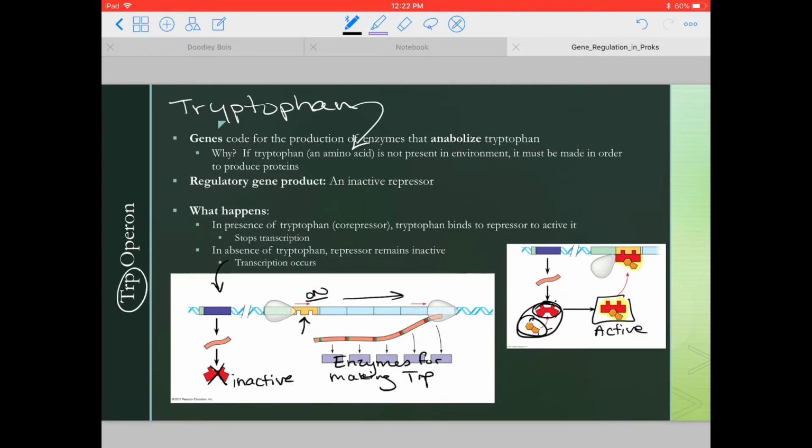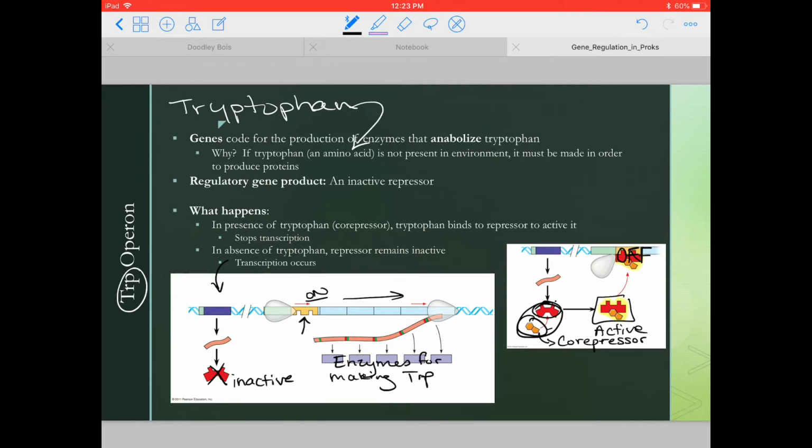And for that reason, we're going to consider tryptophan as a co-repressor. It works with the repressor to repress the action of the operon, okay?